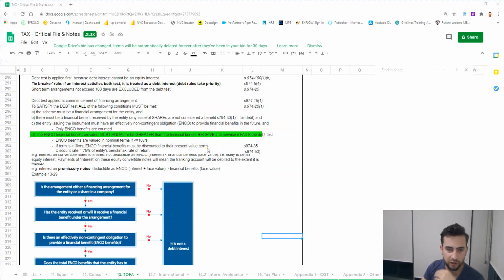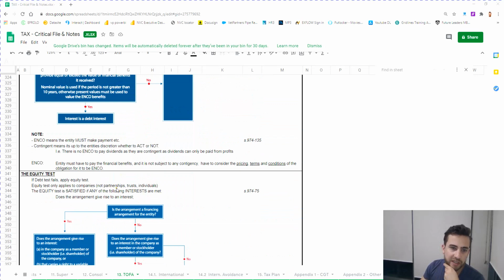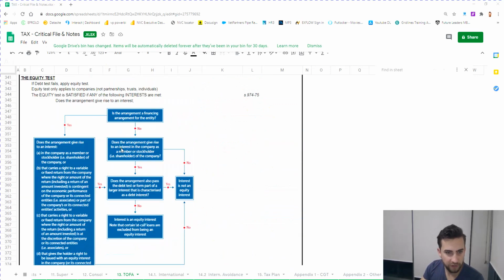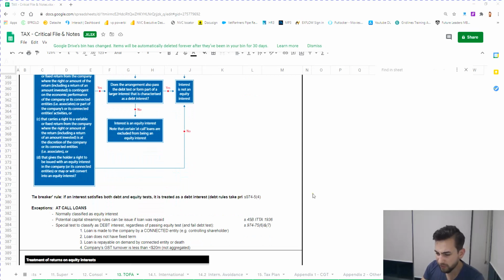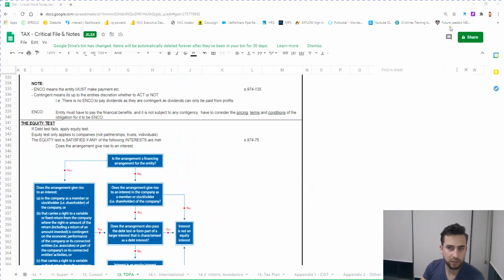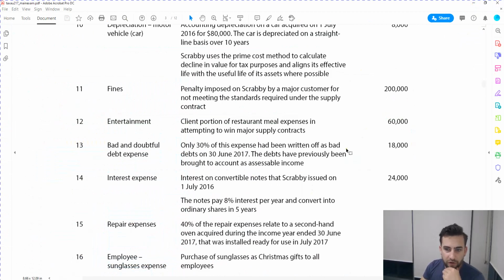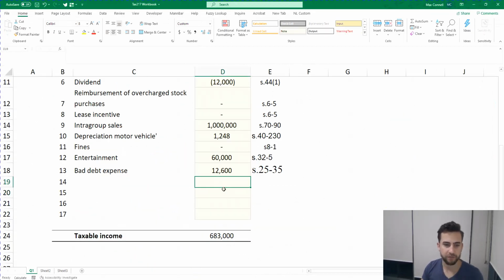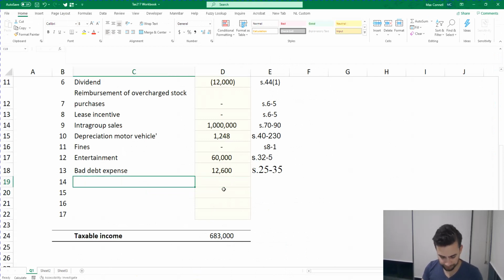Basically, in this situation, because it's actually converting to equity, if you go through the debt and equity test, you'll figure out that's not actually debt for tax purposes. So you can't claim the interest on this. So basically, what we need to do is add back this whole $24,000. For more information, watch the video on taxation of financial arrangements that we've got down below.